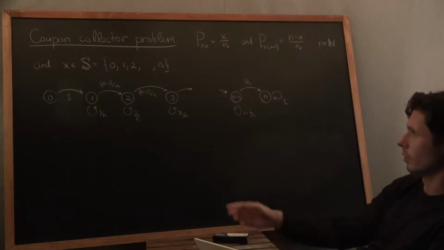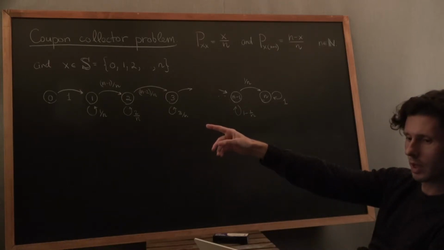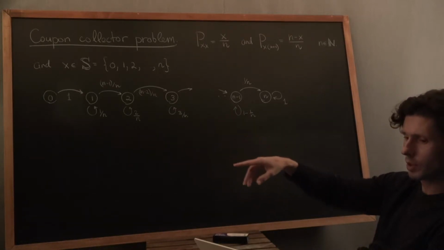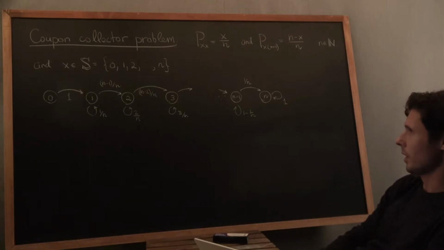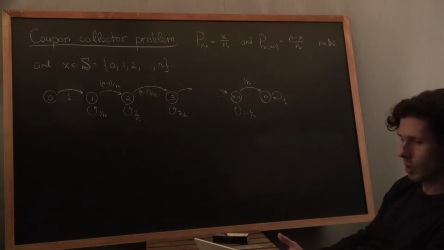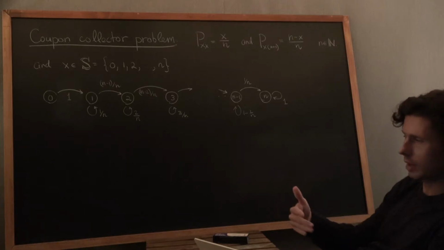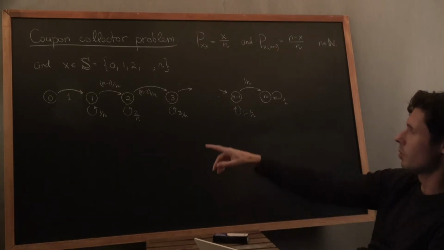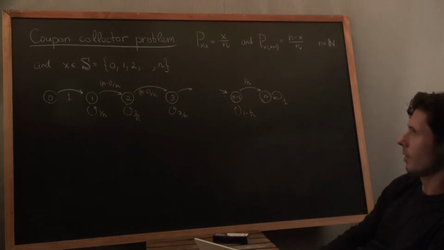So when you start with 0 coupons, you obviously get the first one, and it's distinct, in one step. So the probability from 0 to 1 is always 1. But then once you have this one coupon, in the next shot maybe you'll see the same coupon again, and so you don't move up in the pecking order, right? You've seen the same coupon. Unfortunately, it's a small probability, 1 over n, of seeing the same coupon again.